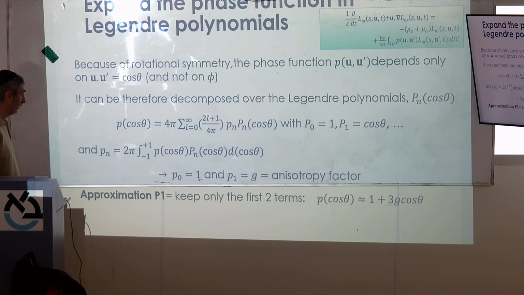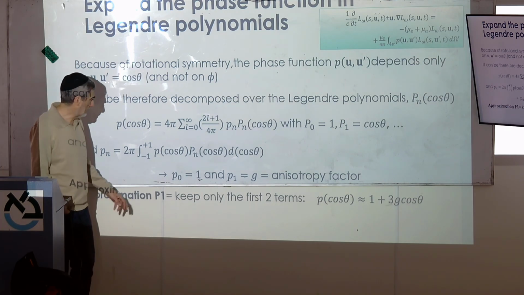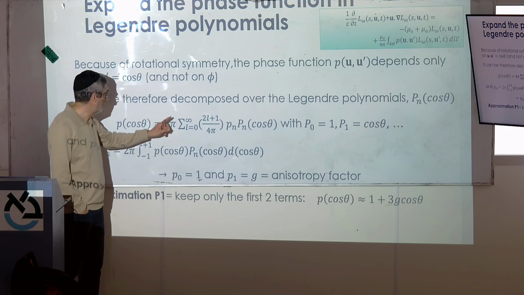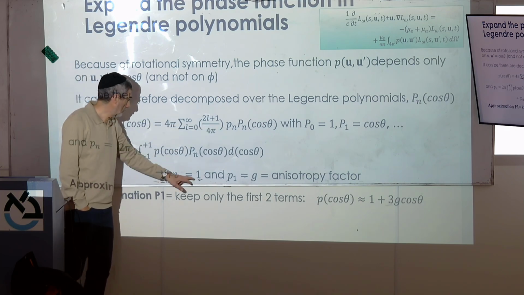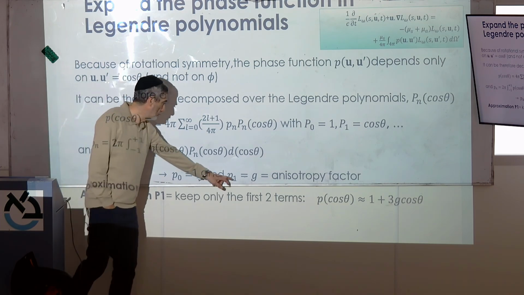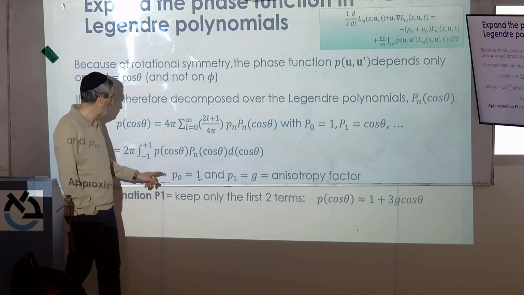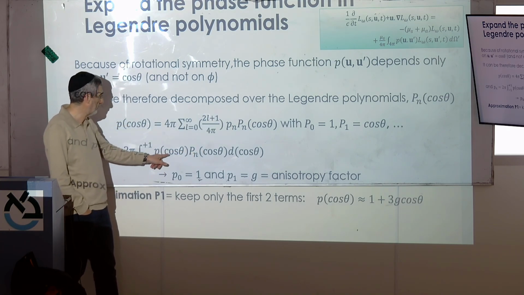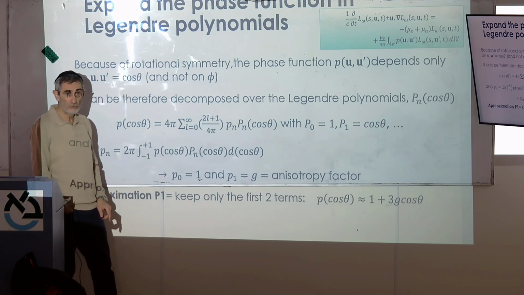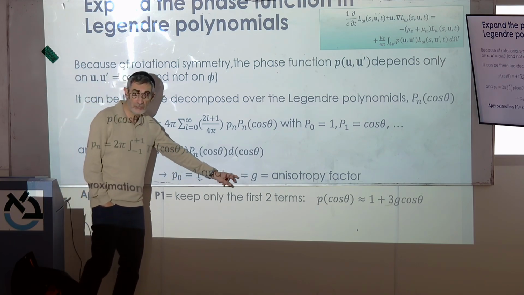From there you can calculate the small p0, which is 1. For p1, replacing Pn by P1, which is cosine theta, I have the integral of cosine theta times P of cosine theta d cosine theta, which is the definition of the anisotropy factor g.